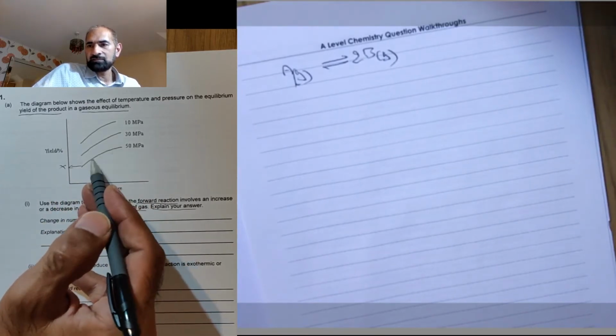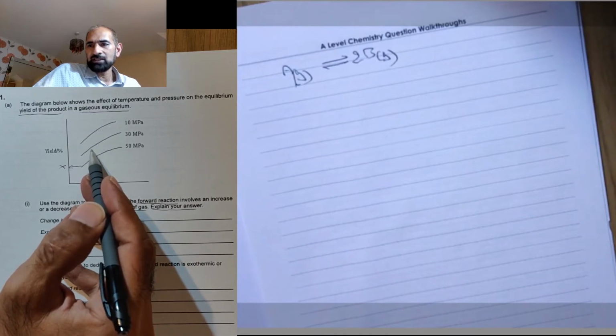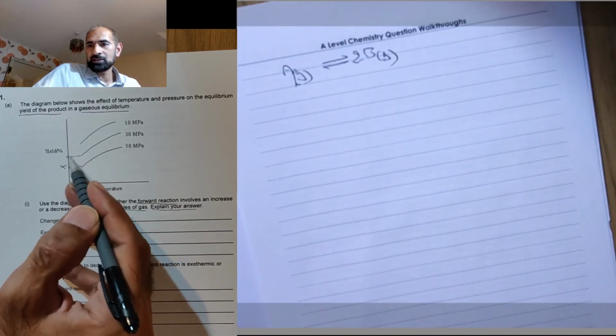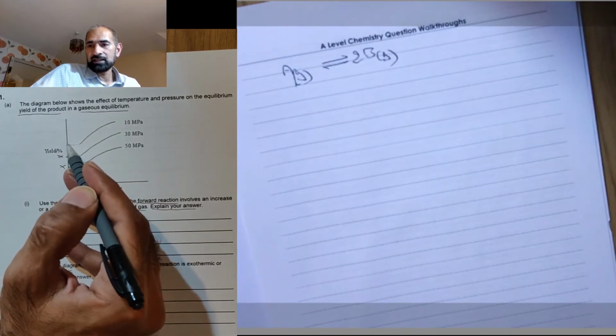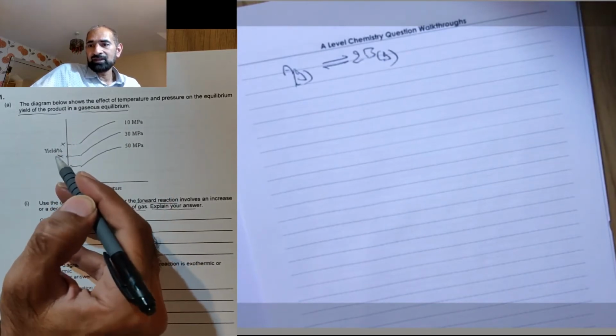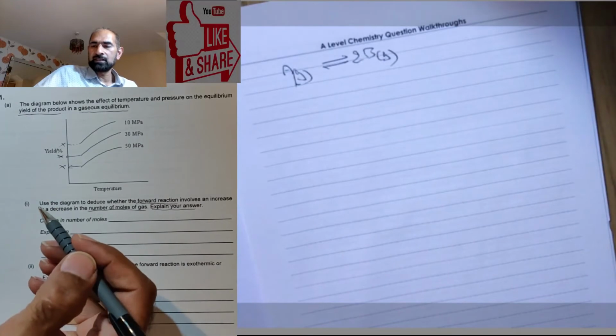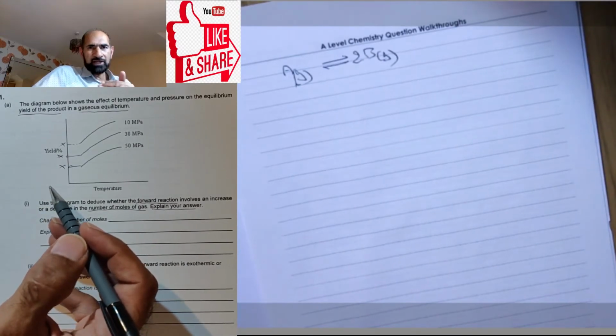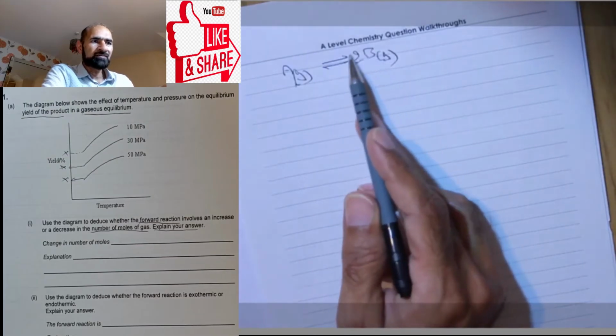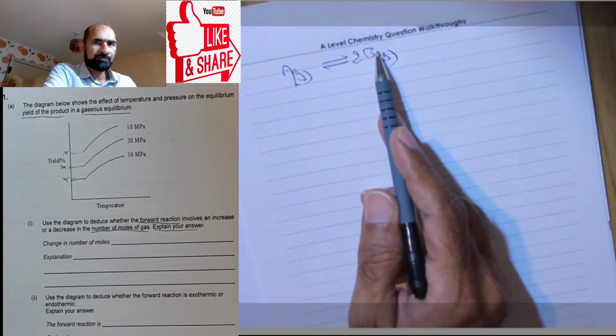Okay, generally this pressure gives you lower yield, but as you decrease the pressure that much, look what's happening. As I lower the pressure even further, the percentage yield is increasing. So what that means is that if I'm lowering the pressure, the yield of this is increasing.